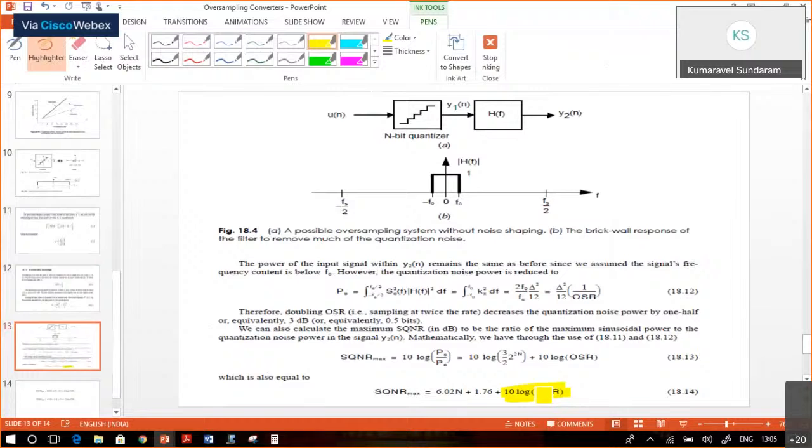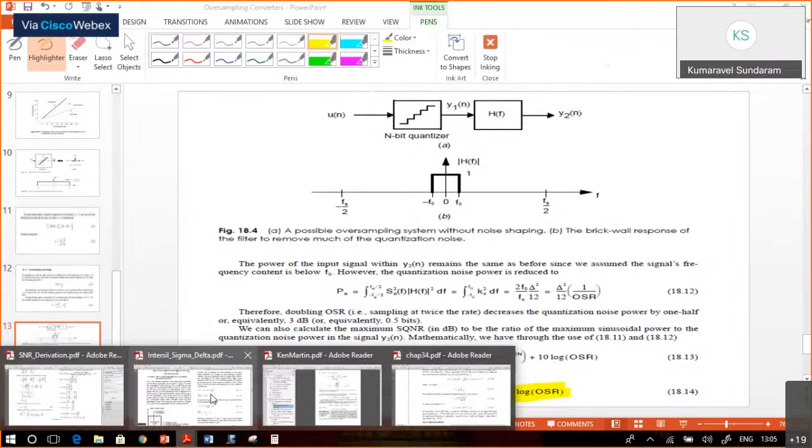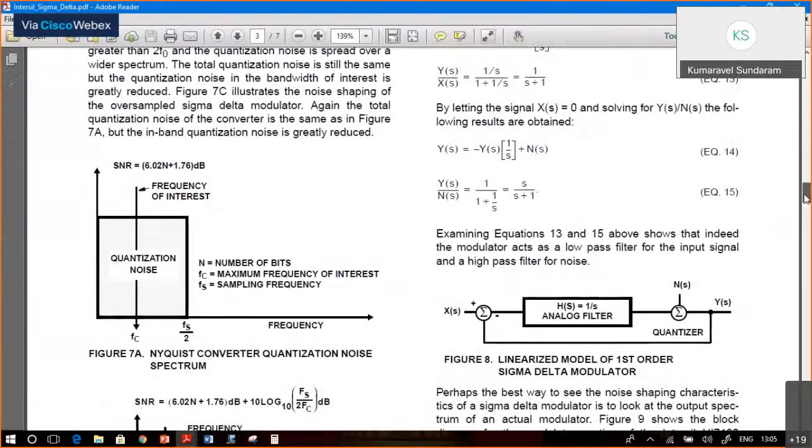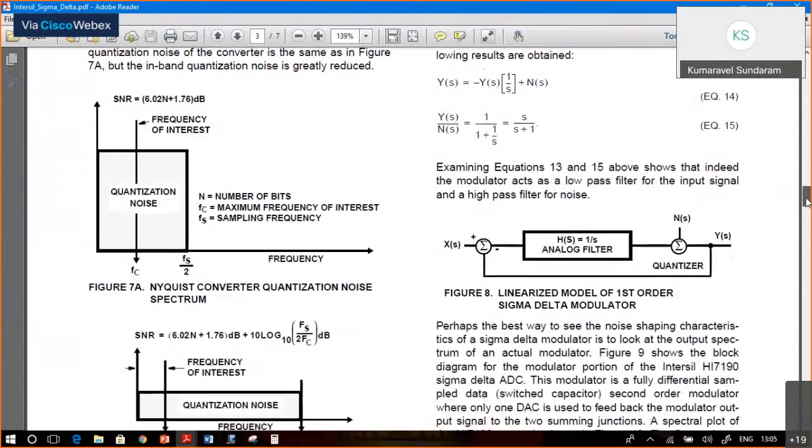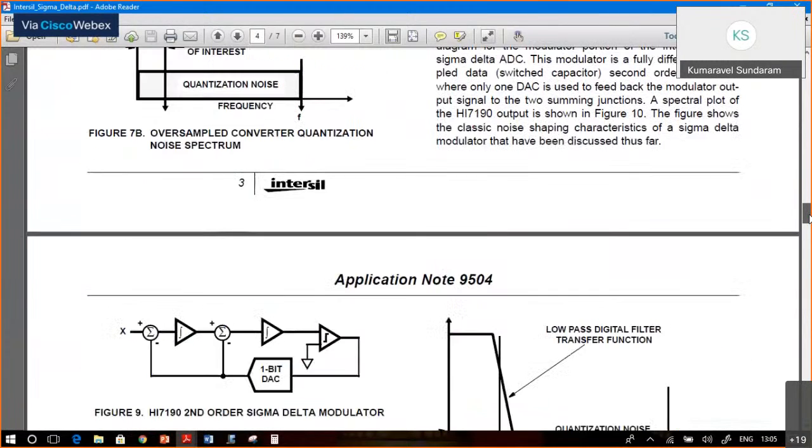So SNR is improved, which means n, the bit resolution, is going to be improved. There are a lot of data sheets available for our reference in order to understand this sigma delta.